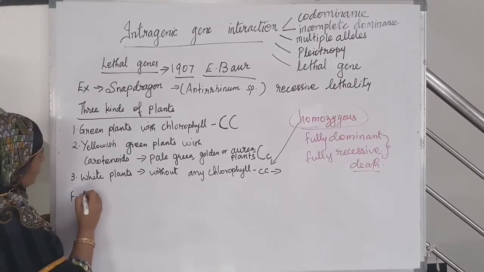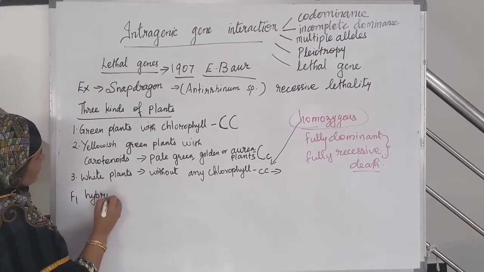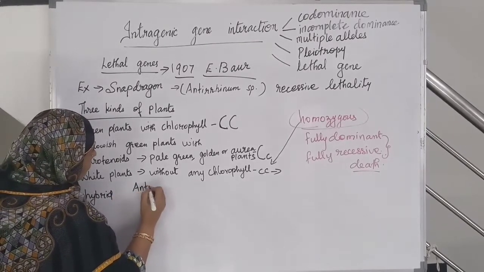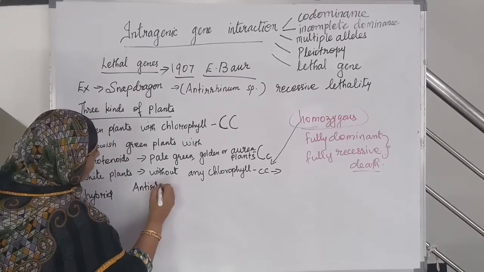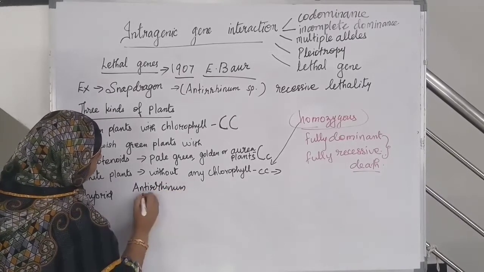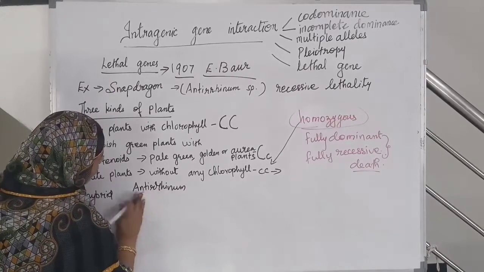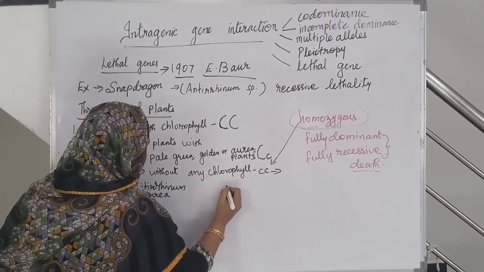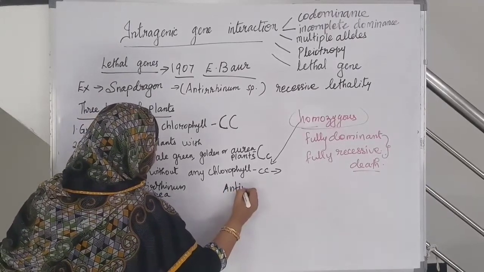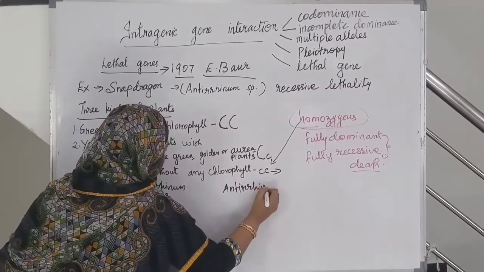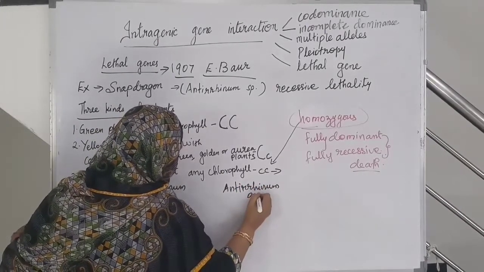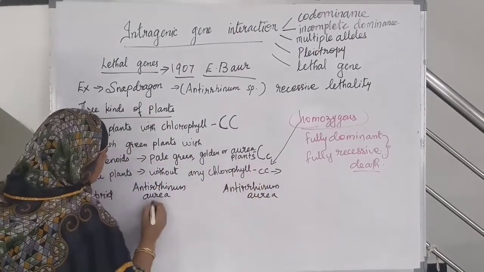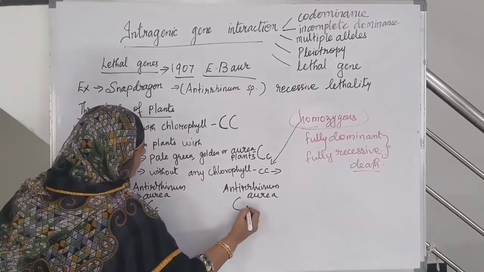If you take the F1 hybrid in Antirrhinum, Aria plant, crossed with another Antirrhinum Aria plant. For the Antirrhinum Aria plant, the genotype is capital C, small c, capital C, small c.